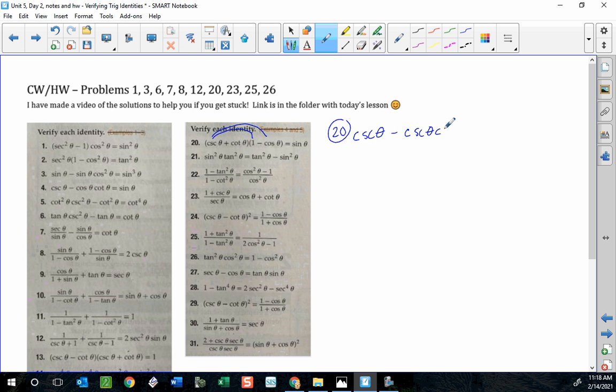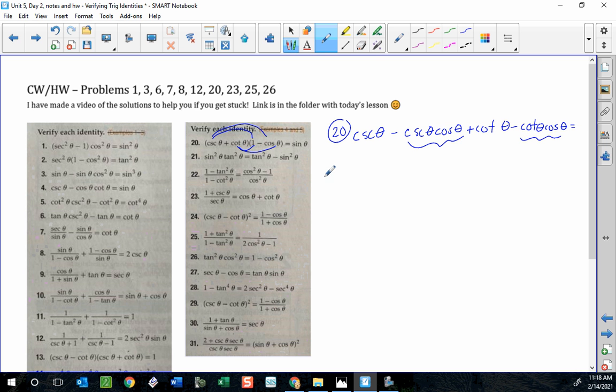Then the inside plus cotangent. And then here, cotangent times cosine minus. Now that I did that, and it's all equal to sine, I'm going to change everything to sines and cosines, or at least these pieces right here. Let's see what happens with these.